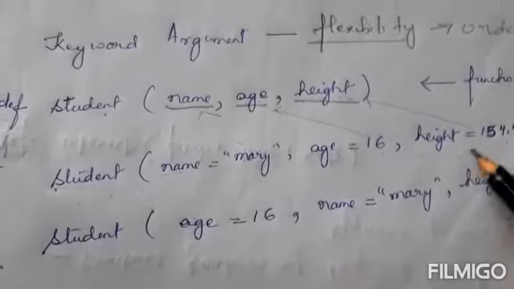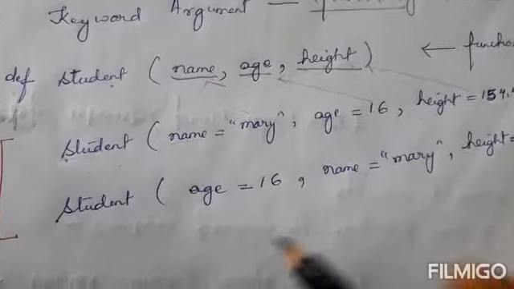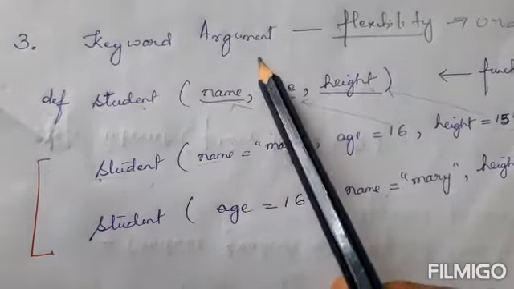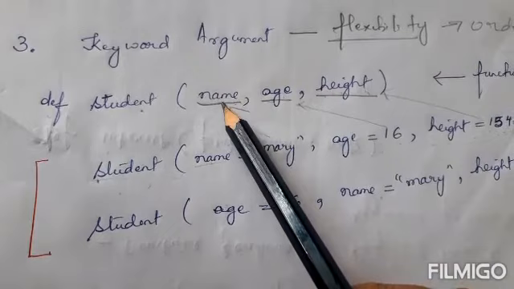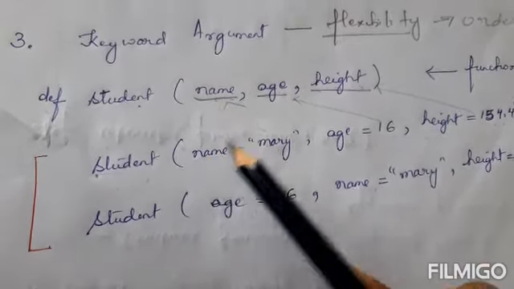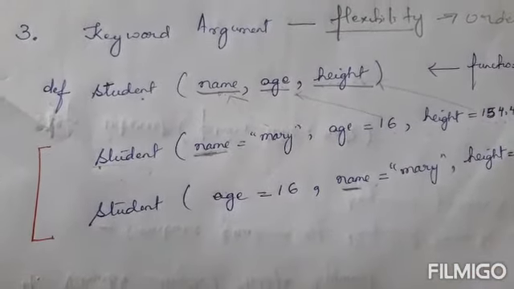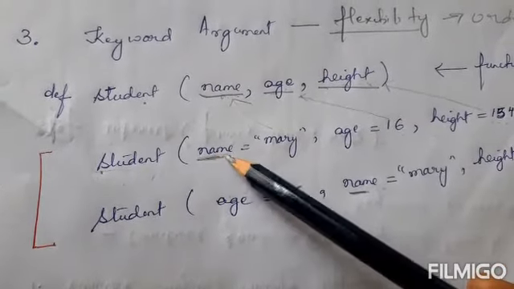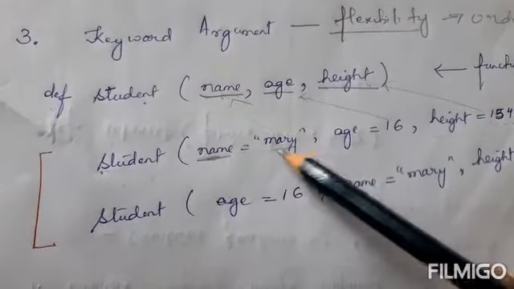Okay, but another possibility: it's not necessary to follow exactly the same order. You can follow any order, but the only thing that you have to keep in mind in keyword argument is that the parameter name that you use in the function definition and the name that you use in the function call have to be exactly the same, because when your interpreter searches for say name, and this name is not available, then your interpreter will not know where to assign this Mary to.